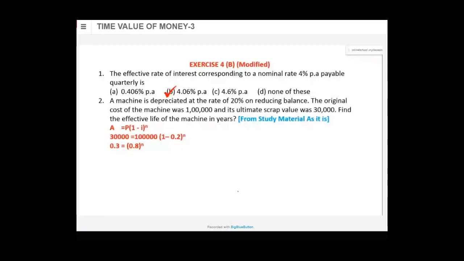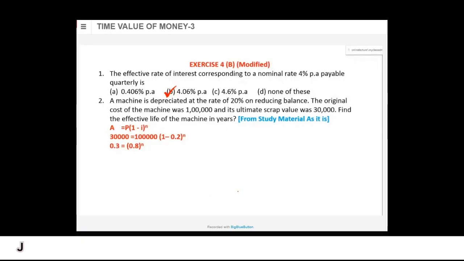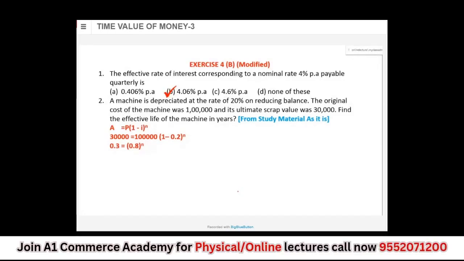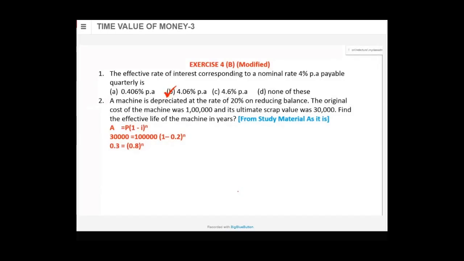The right hand side says 0.8 raised to n. So on a calculator, take 0.8 into, keep on pressing equal to till you get 0.3. 2, 3, 4, 5. At 5 I got 0.32. So that is roughly somewhere about, it's not exact, but roughly.